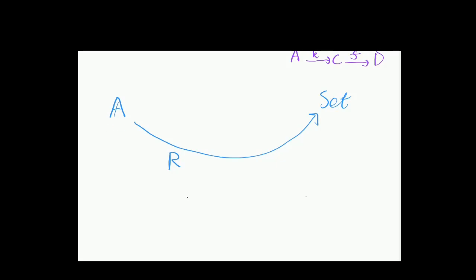It's functors like this that go into Set which might be called representable. So when is a functor into Set representable? The definition is that a functor into Set is representable if and only if it's naturally isomorphic to a hom functor.